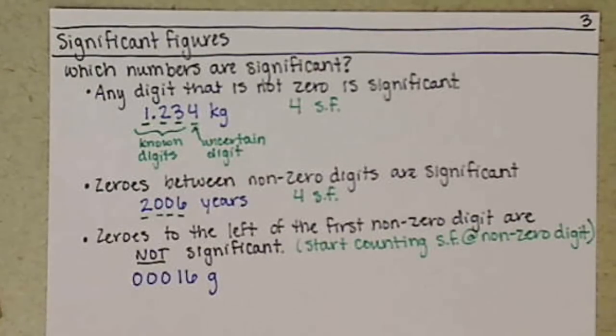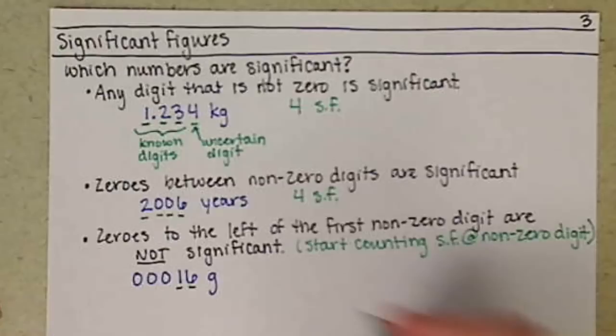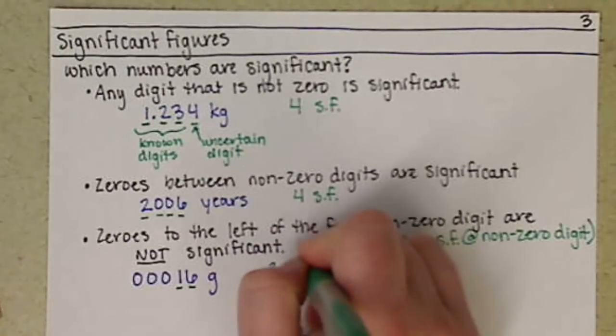Why would you put those zeros out in front? Those zeros don't mean anything. They are insignificant. They don't change the value of this 16. So it's just the 1 and the 6 that are significant.